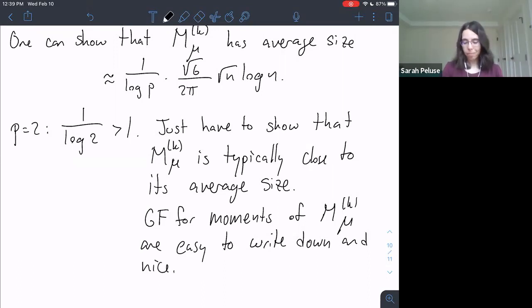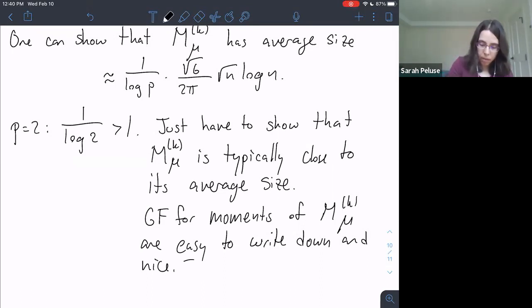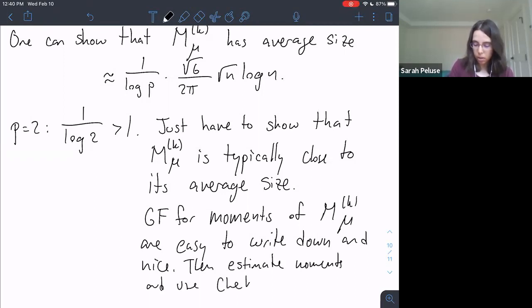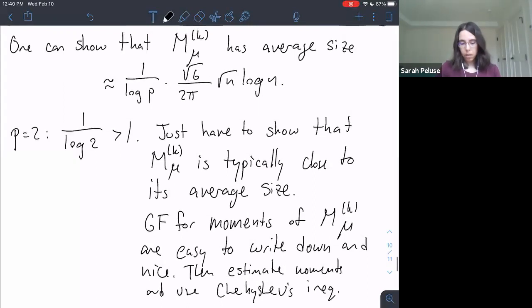So you can do a very easy stationary phase argument to write down just the first 2 moments, and then you can use Chebyshev's inequality to show that these statistics are typically close to their average, which is large, so they're typically large. So then you just have to estimate moments and use, say, Chebyshev's inequality. That completes the proof of Miller's conjecture for the prime 2.